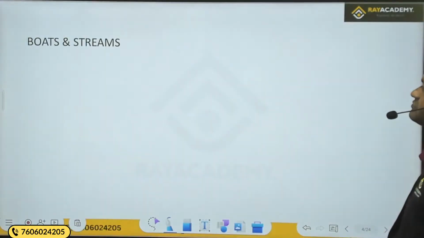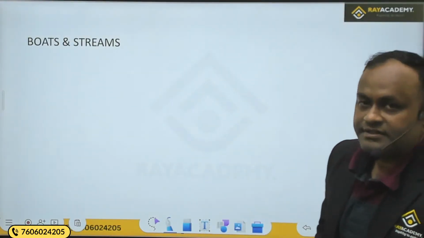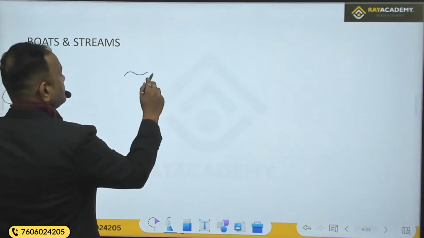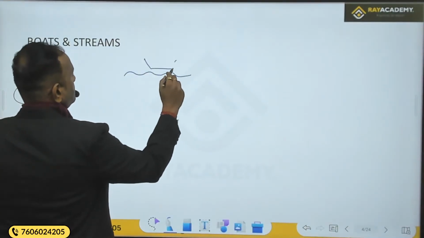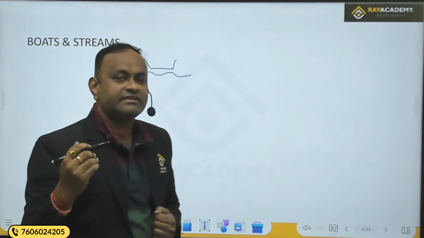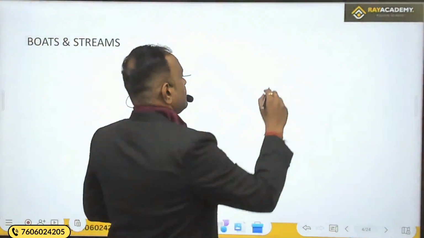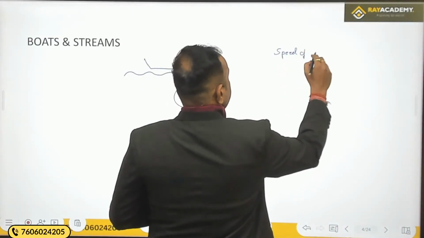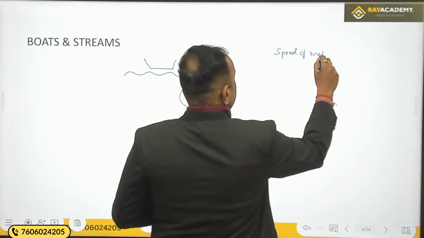Then the concept of boats and streams. There is a river something like this, and there is a boat. The river has a speed, that is the speed of the water current.